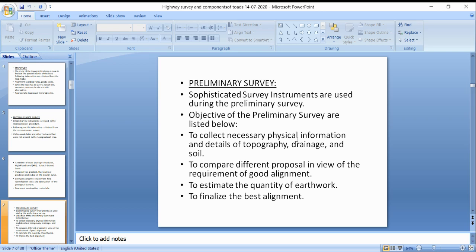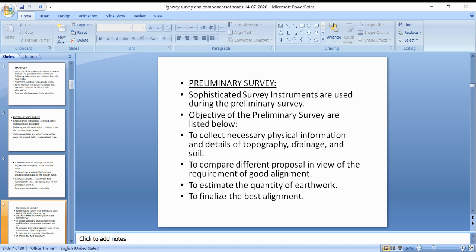In the preliminary survey, we are gathering the data of the soil and also the drainage capacity of the soil.